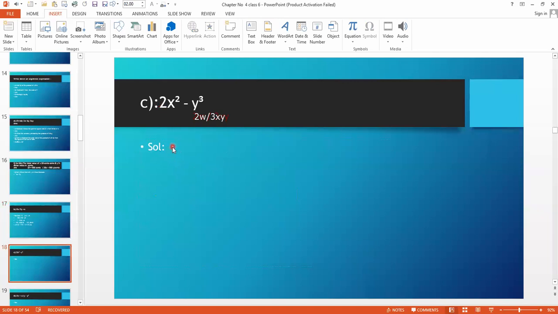Again, it is related to the same one. We have to evaluate this question. So in a bracket, I have to put the value of x, that is 6, and we have to take its square. And what is the meaning of square? Square means I have to write this 2 times.